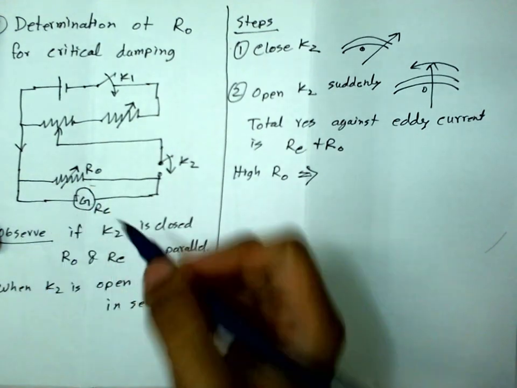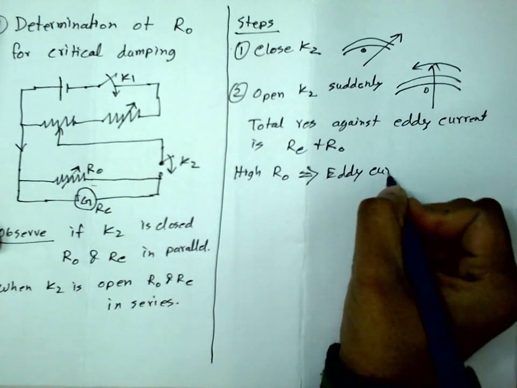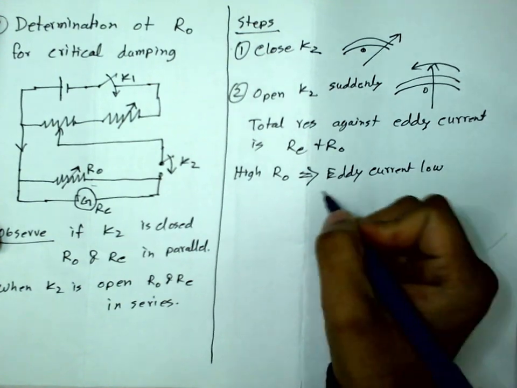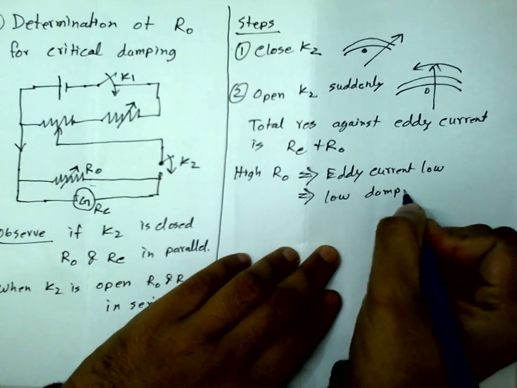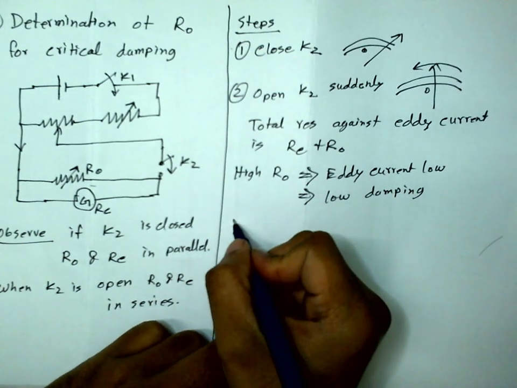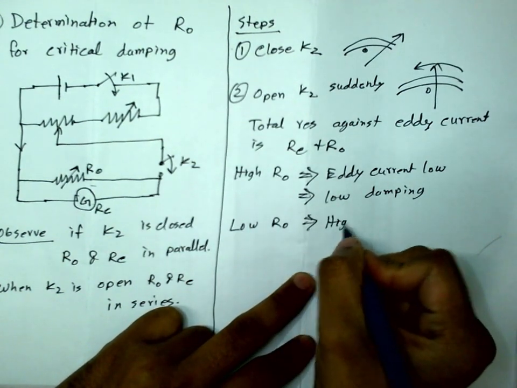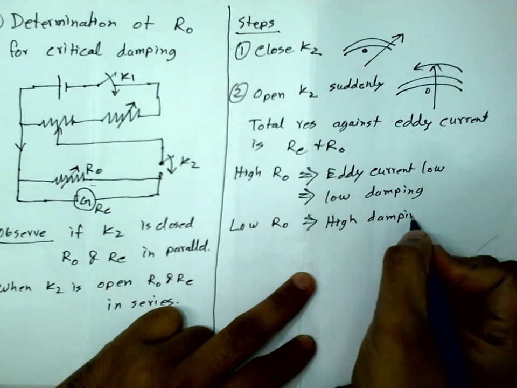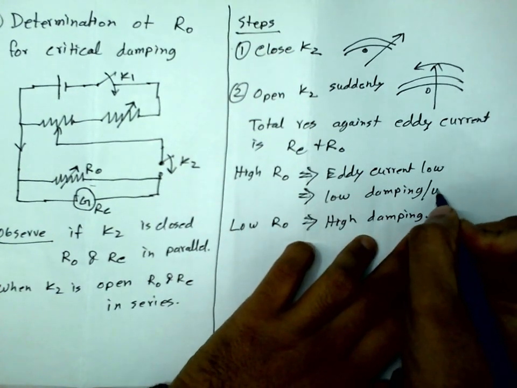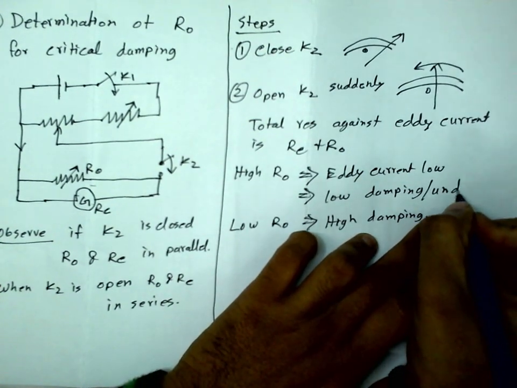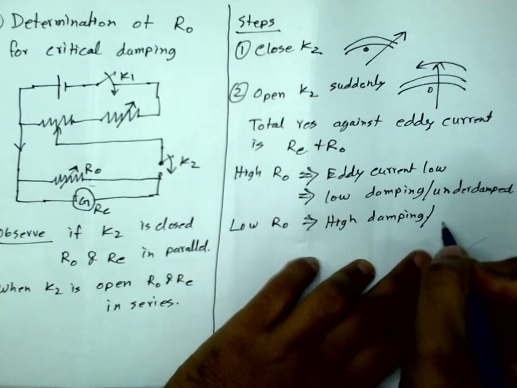If eddy current is small, eddy current low, implying low damping, and if low RO, then high eddy current, high damping. So for high RO, you can have the underdamped condition. Here you can have overdamped.